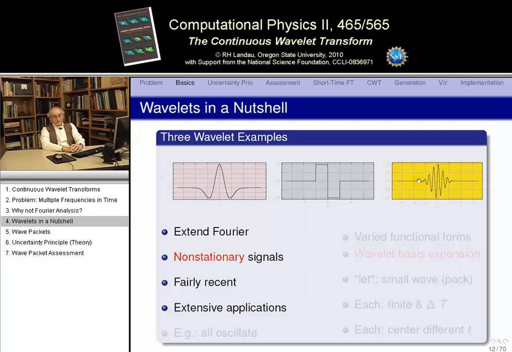So wavelets are fairly recent. You'll find it in some textbooks, but not many, ours for sure, and then some more advanced texts. But it's had extensive applications in recent times. It's had applications in physics, in geology, in exploration, in seismic analysis of earthquakes.